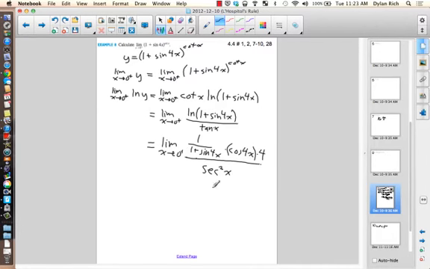Never mind, we can plug in 0 now. Can we? We can. Check it out. Plug in 0 here, we get 0, and that becomes 1. This becomes cosine of 0, which is 1, times 4, so 4 over 1. What's the answer? 4.